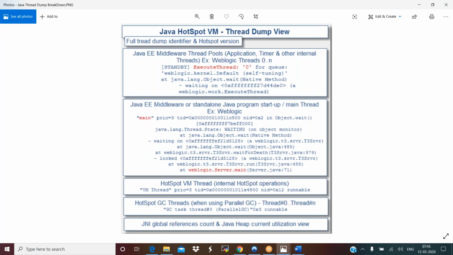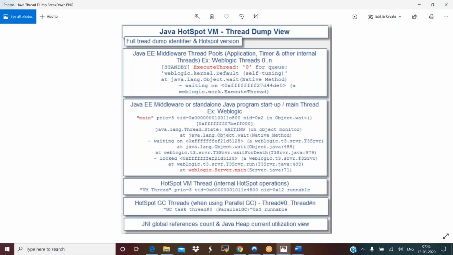And if you can see the diagram, you have several pieces of information, the different components that you see in the thread dump view inside Java HotSpot VM. So it depends on the type of issue that you see.